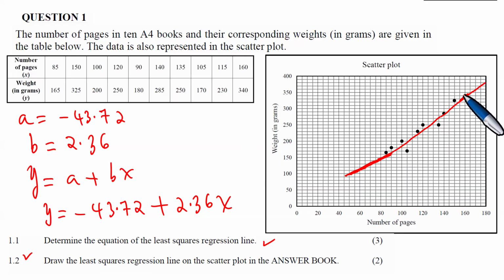If you put a ruler here, you realize there's a point there, and also a point at about 85. Try connecting these two points, the first and the last.